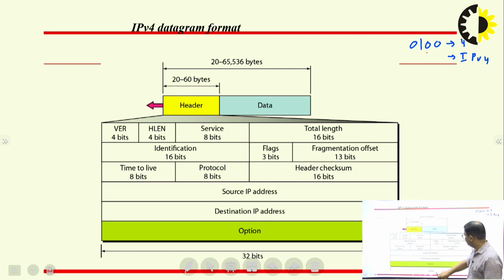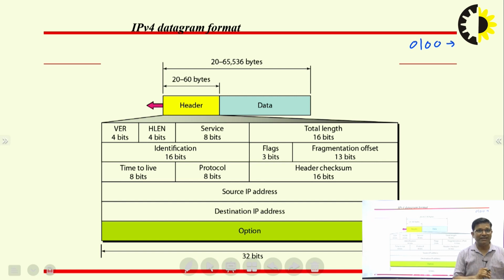So next is HLEN. HLEN is a minimum of 20 bytes. What does that mean? It means the header length should be at least 20. These are bits, so to convert into bytes we have to multiply by 4.